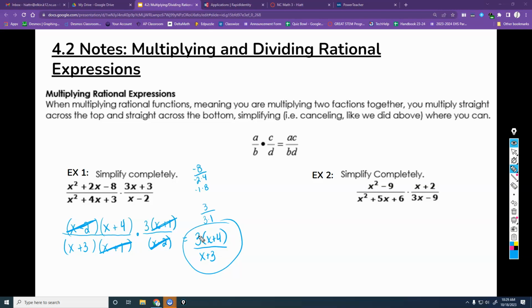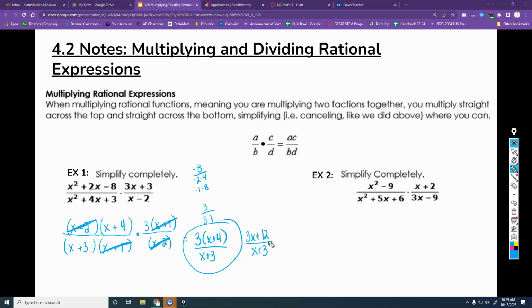Depending on the question, sometimes they'll distribute that 3 back, and they might write it like 3x plus 12 over x plus 3. It just depends on how they leave answer choices. If it's multiple choice, your assignment today will not be multiple choice, but you probably will see multiple choice when we get to quiz time.